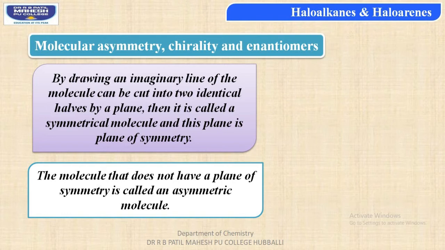Whereas, students, if the molecule does not have such a plane of symmetry dividing the molecule into two equal halves, then that molecule can be called an asymmetric molecule.